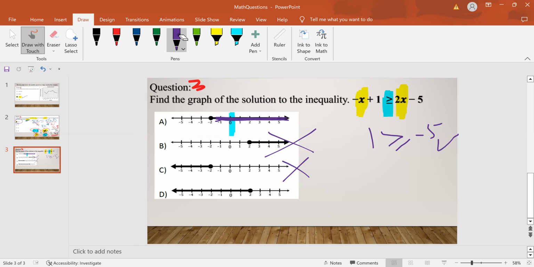B and C are out, and D probably can be the correct answer.